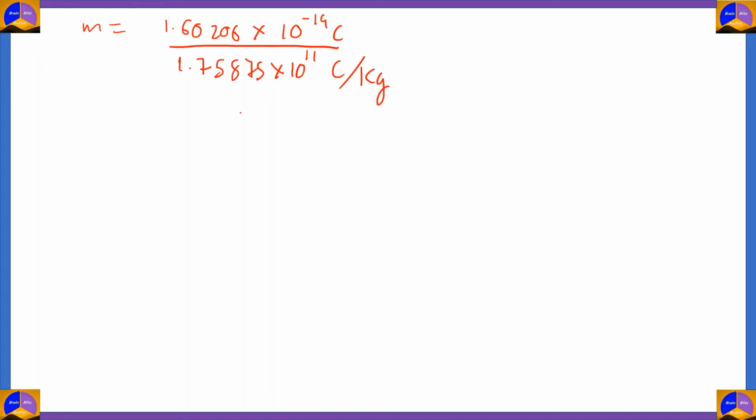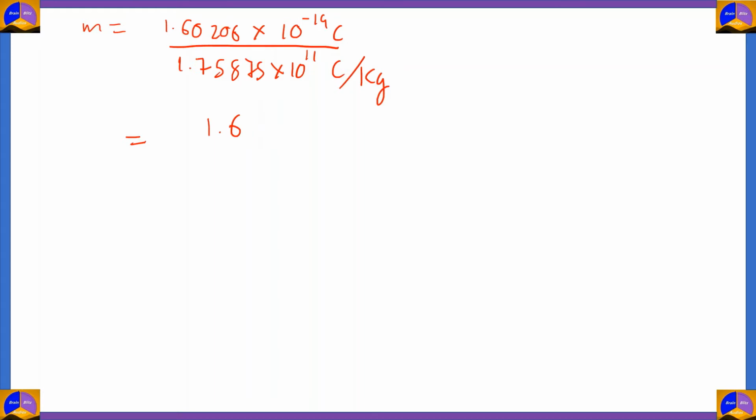So now we need to do the division of these two in order to get our answer. Using approximation, we can shorten 1.60206 into 1.6.